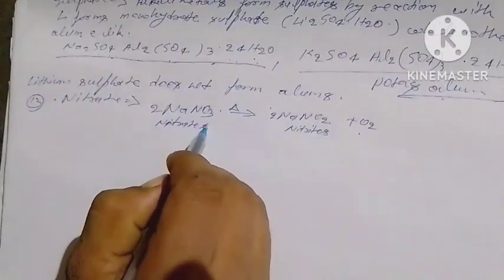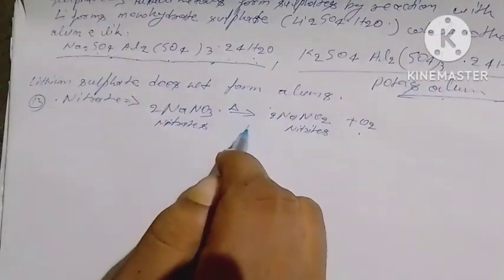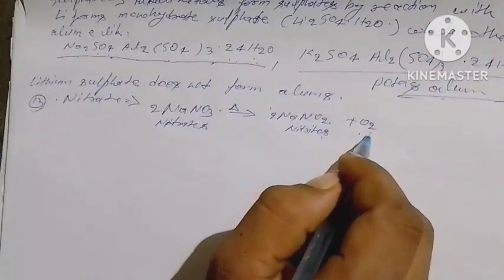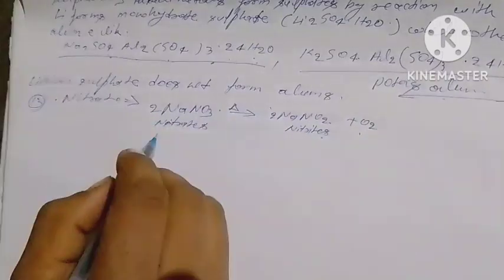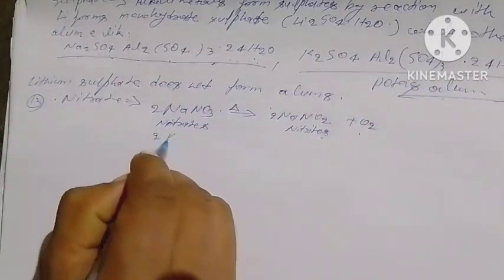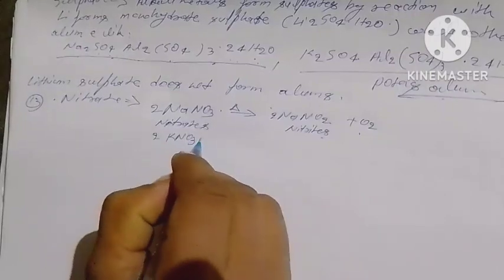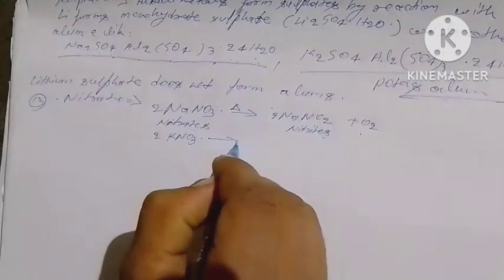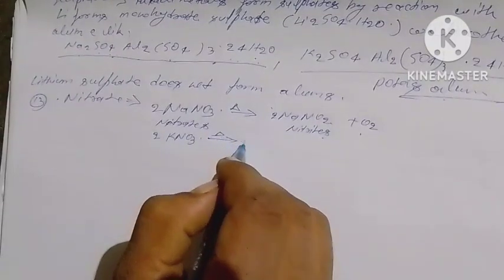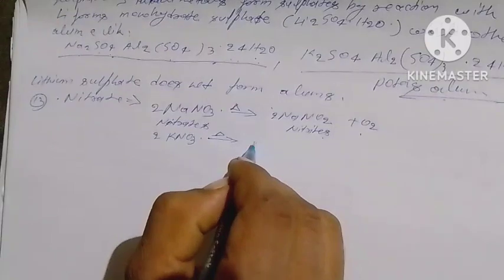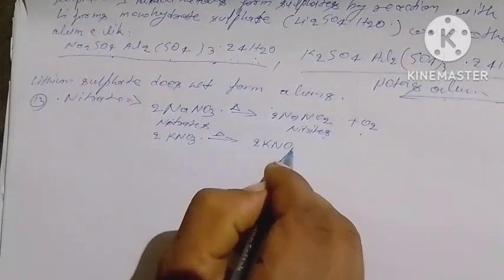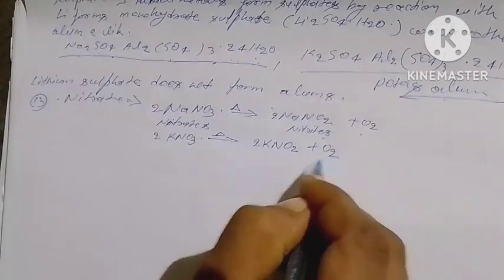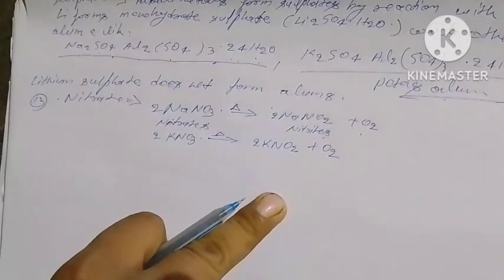This is sodium nitrate, and after heating it is decomposed into nitrite and oxygen. Then potassium nitrate: 2KNO3. After heating, potassium nitrate is decomposed into potassium nitrite, 2KNO2, plus O2.